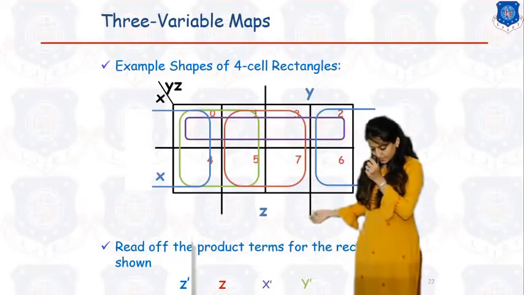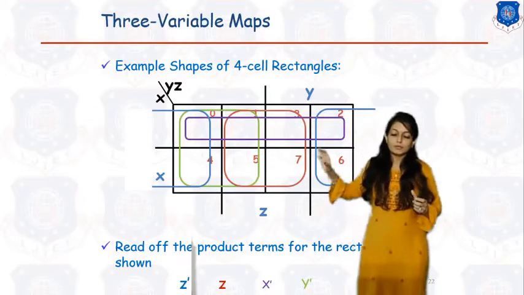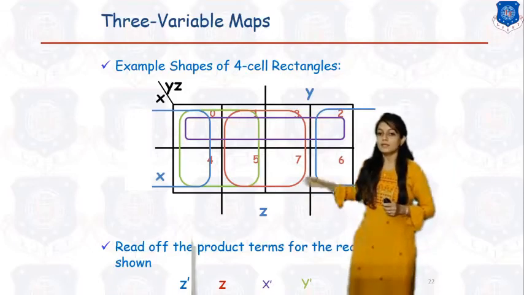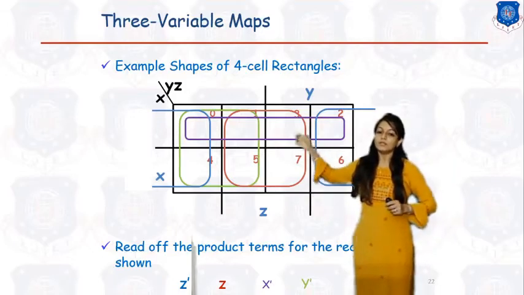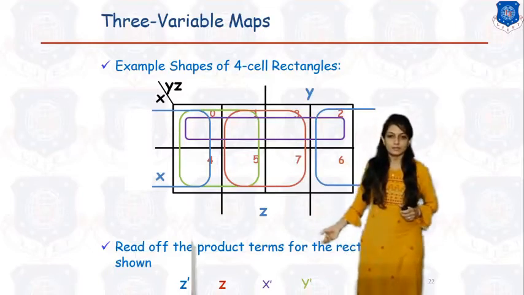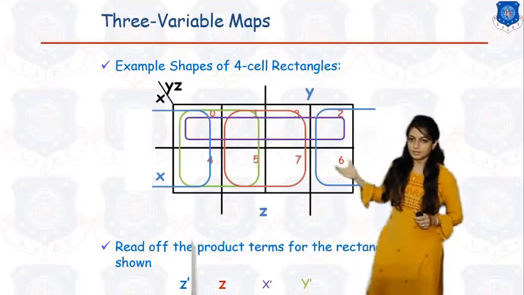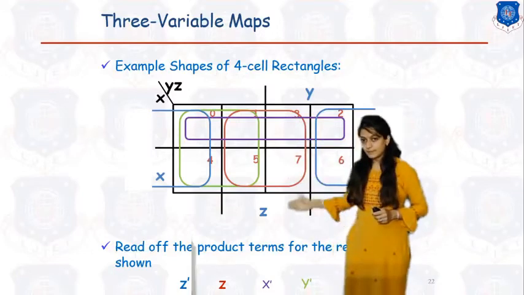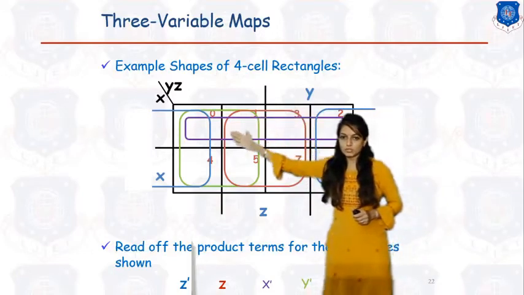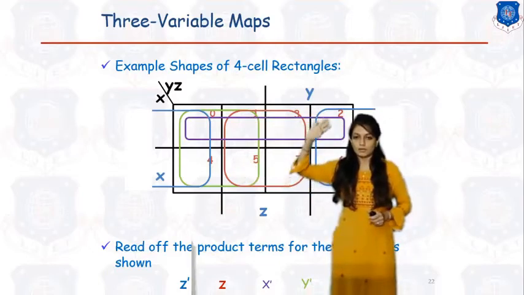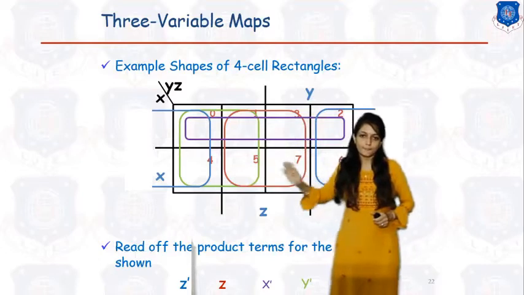This is another example that if the number of 1s in making a group or making a square increases, you will get a smaller number of minterms. Alright, this is the example of this, that a red one shows a group of 4 ones.